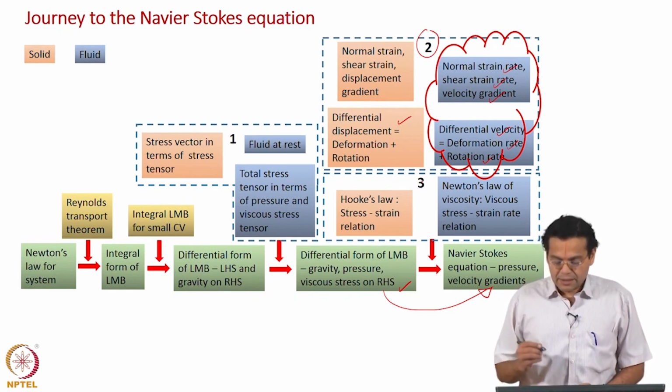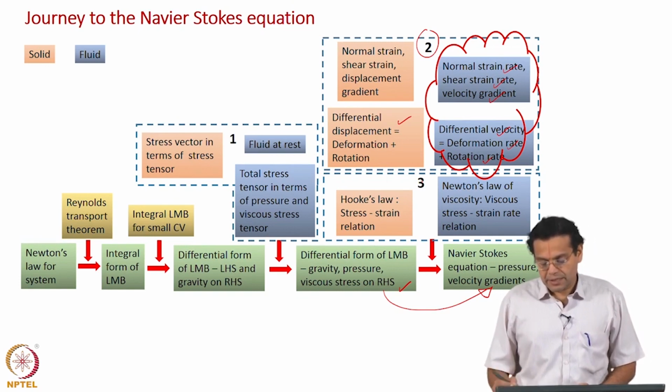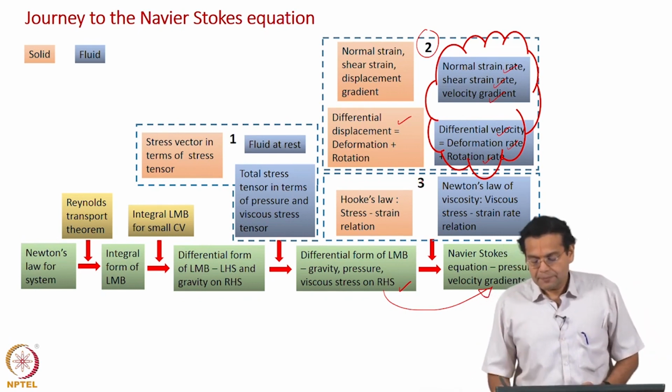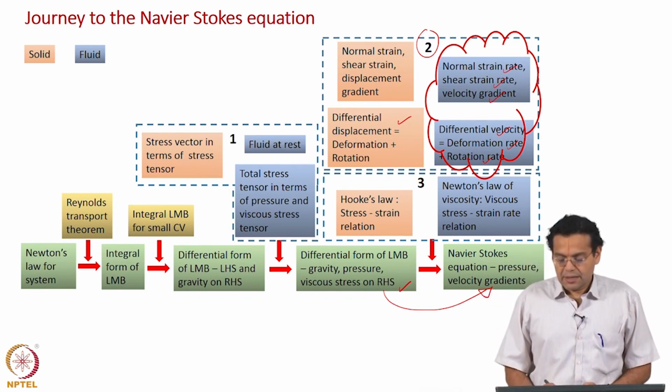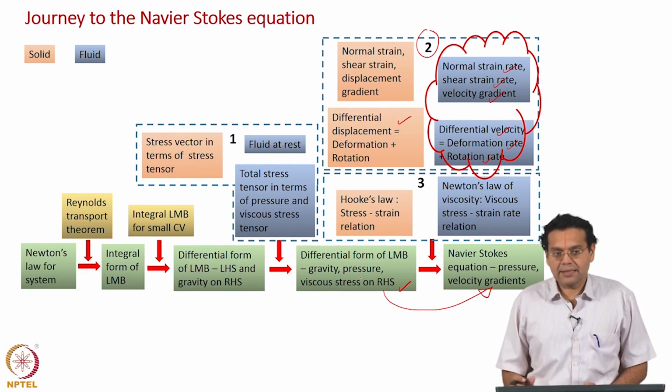We need to relate viscous stress and velocity gradients, and we said instead of velocity gradients we will relate only to the rate of deformation. But before doing that, we will go to solid mechanics once again to understand and relate stress and strain, so that when we come to fluid mechanics we can easily extend and relate the viscous stress and strain rate. Okay. Of course, this we will understand as we go along.